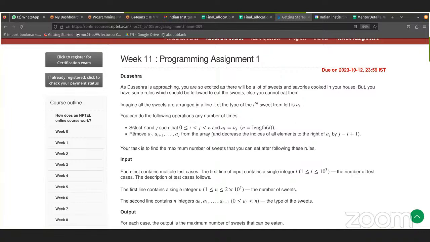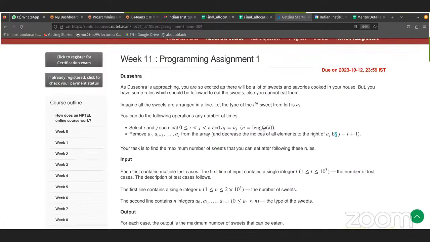What we can do is select i and j such that 0 less than or equal to i less than j less than n, so we can select any 2 sweets such that A i is equal to A j. Then we can remove everything from A i to A j. In data structure terms it is removal, but here we can eat all the sweets between A i and A j, and the size of the array decreases, so that the new length of the array will be n minus (j minus i plus 1).